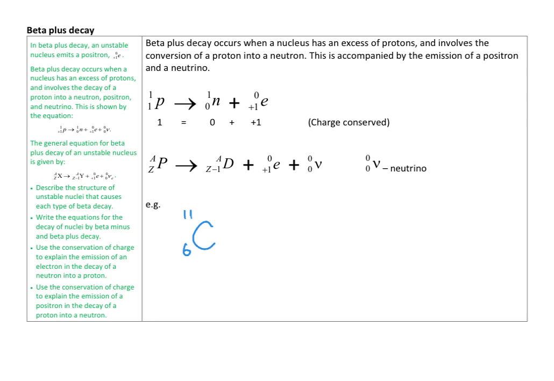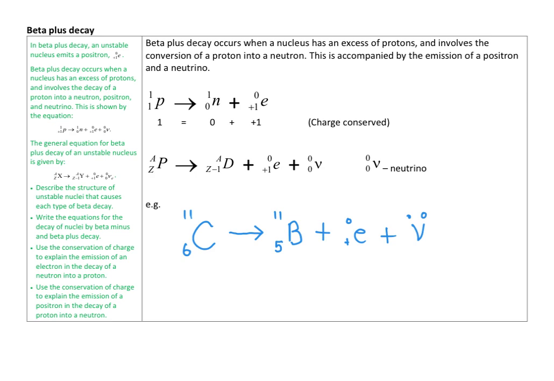When it decays, we will get only 5 protons left because one of the protons is turned into a neutron. That makes it boron. Still has the same mass number, 11. Plus we get released the positron. Plus we get the neutrino released there.